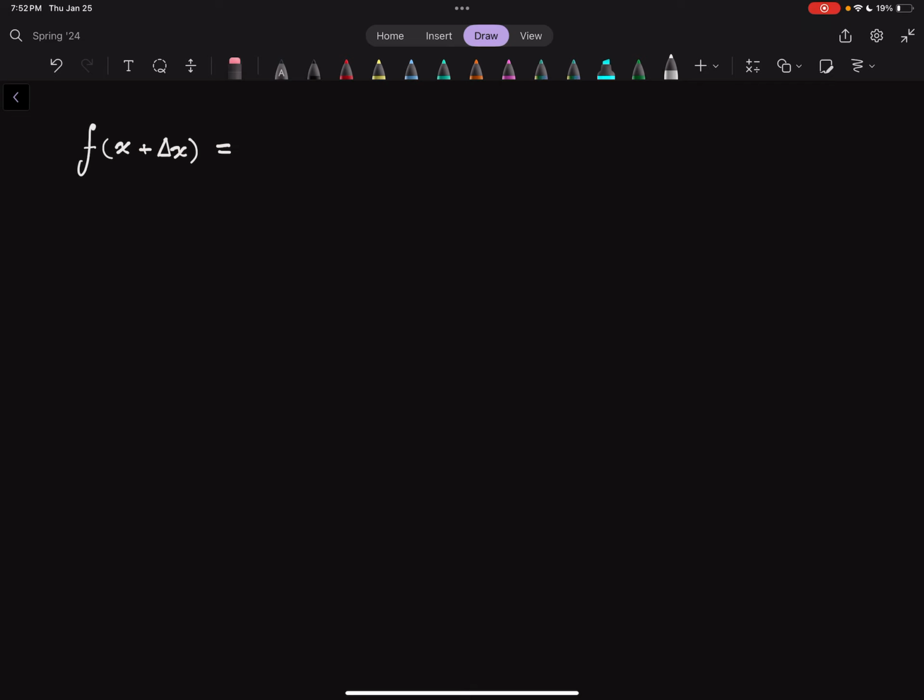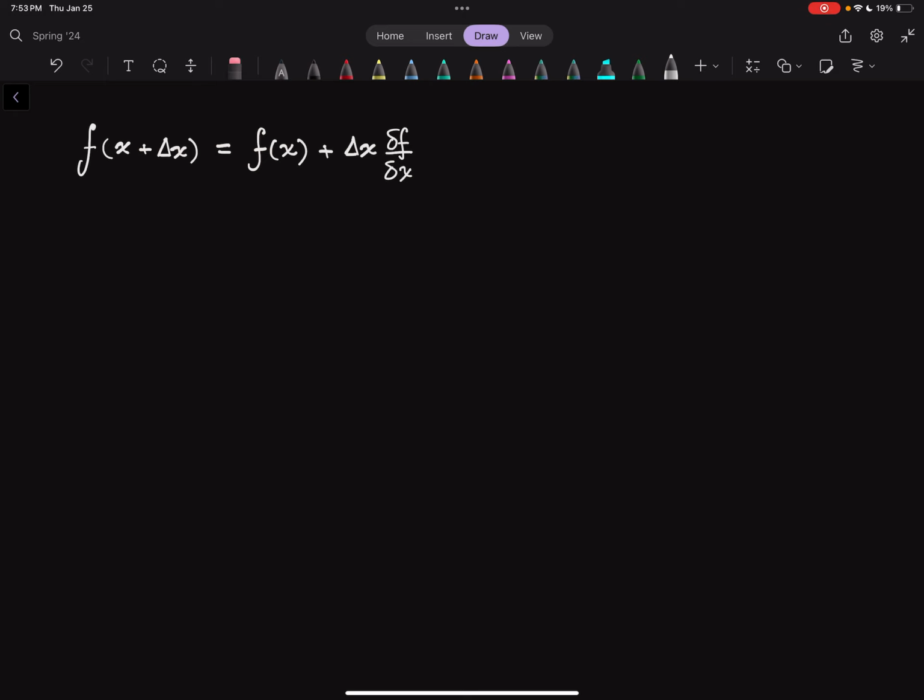So you can evaluate your function at that point, and then if I get the slope and multiply it by this interval, I get an approximate value of the next point, f of x plus delta x. So I'm going to multiply delta x by the derivative of that function with respect to x. That would be my slope, right?